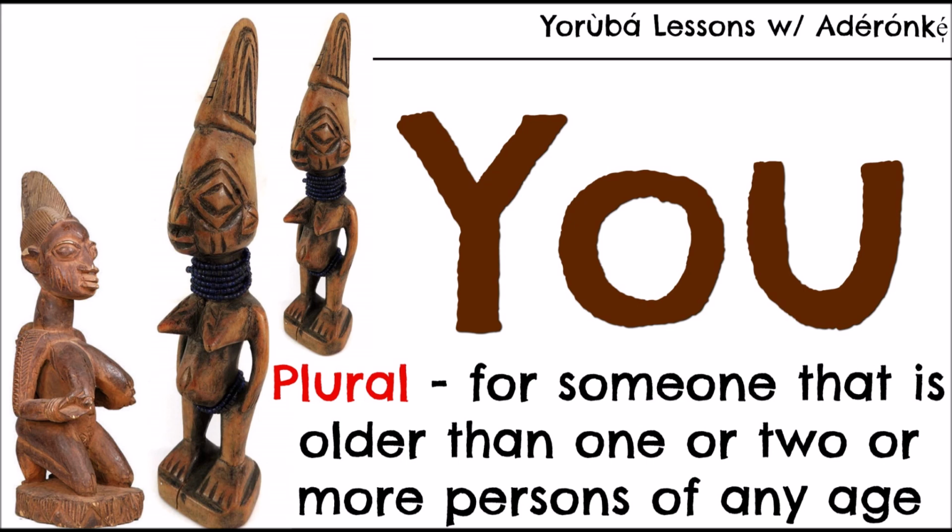It's not just one you, you're talking to two or more people. Or it could be one person that is older than you when you address them this way. So you could either be talking to someone that is older than you, or two or more persons of any age.